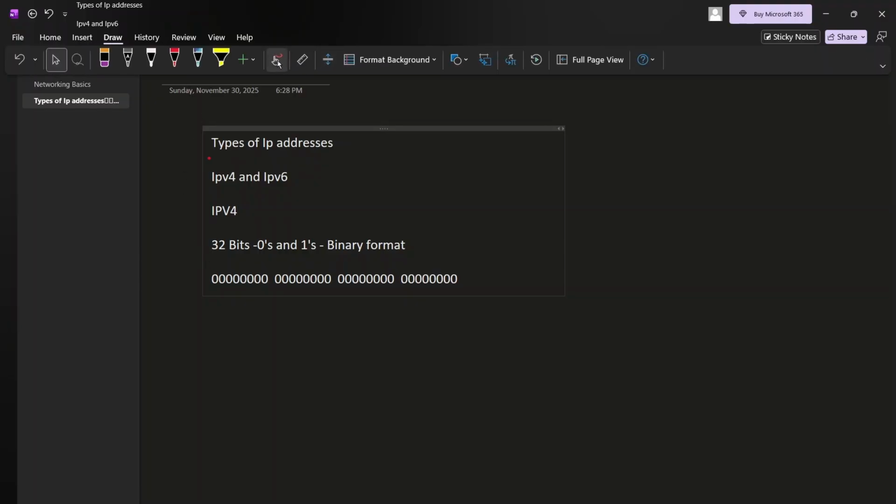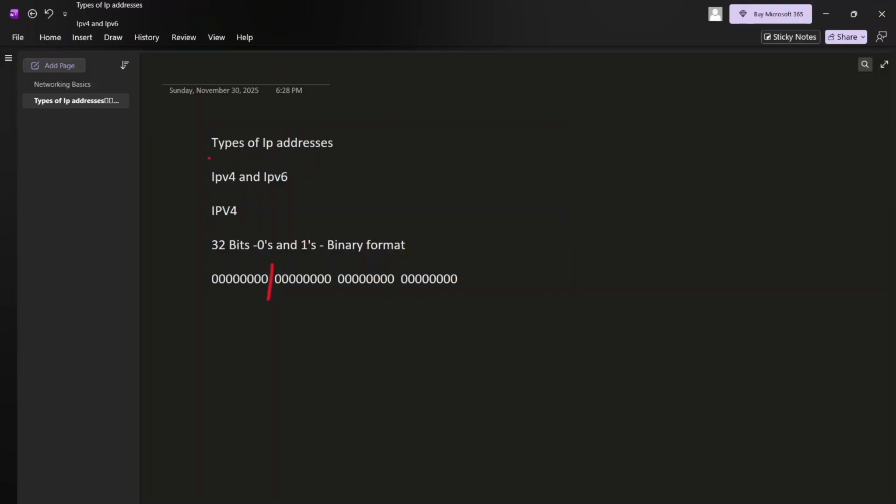Like that we have divided into 4 octets: first octet, second octet, third octet, fourth octet. Octet means 8, so every 8 bits is one octet. We divided these 32 bits into 4 octets.